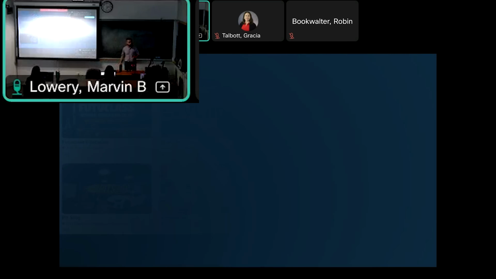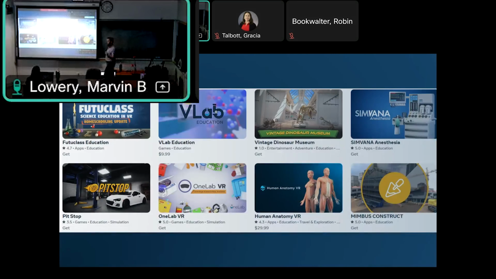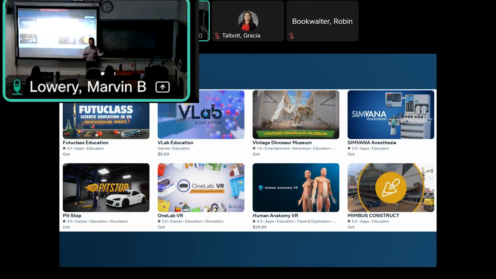What I was able to do, just a few days ago, was go to the App Store for MetaQuest, and I simply typed in education just to see what would pop up. There are other places that you can find applications for education. Right now, this is probably one of the easiest to grab because it's on the store already.